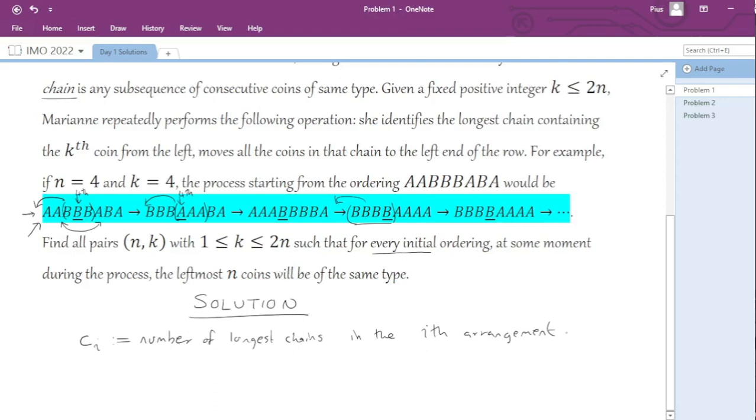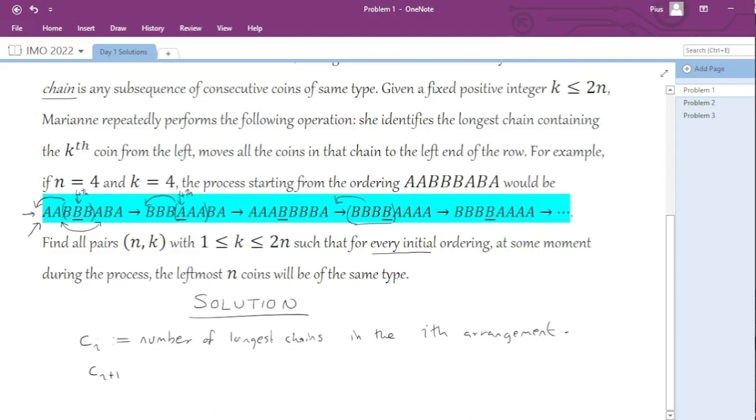Okay, so we observe that each time we make a move, the next value, the number of longest chains, is going to either remain the same or end up decreasing. So what happens each time we make a move? We end up moving a string of coins of the same type to the end. So there are two ways in which we can have some coins merging.